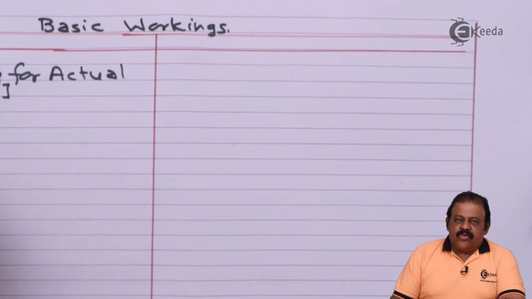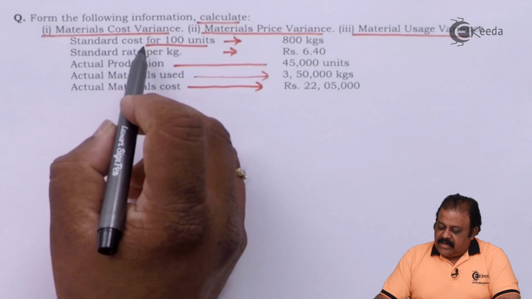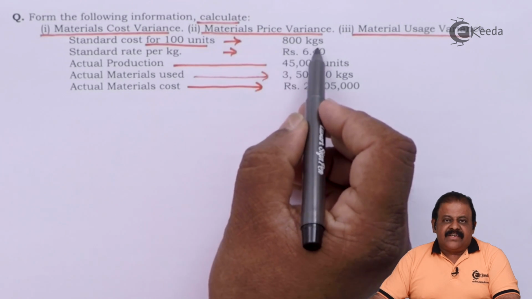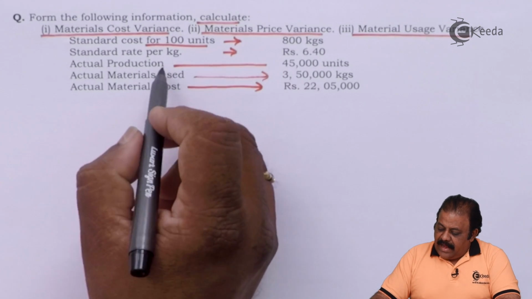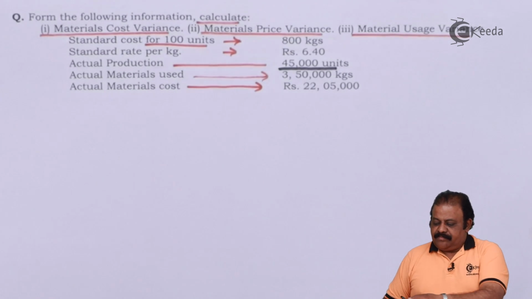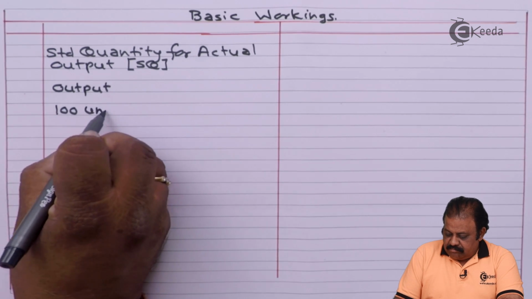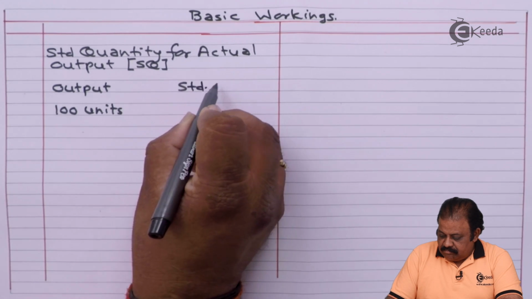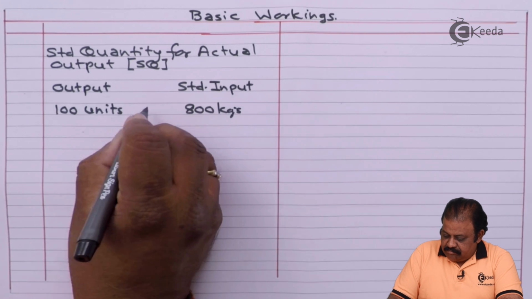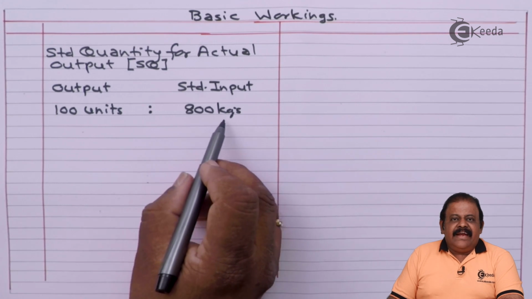First, we are required to calculate standard quantity for actual output. Standard quantity required for 100 units is 800 kgs. Actual production is 45,000 units. For 100 units output, standard input is 800 kgs.